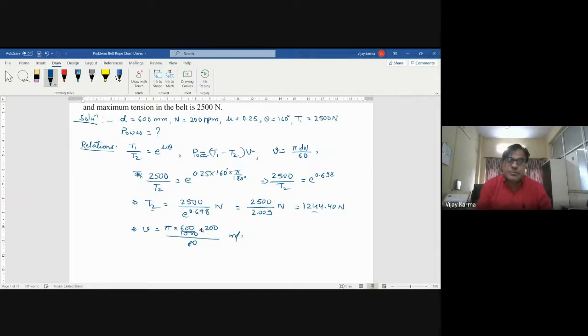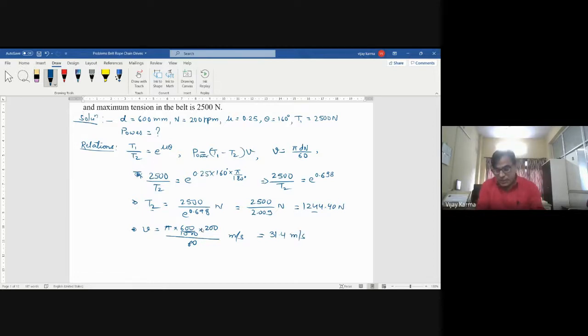So that will be in meter per second. Just confirm the value. It is coming out 31.4 meter per second.